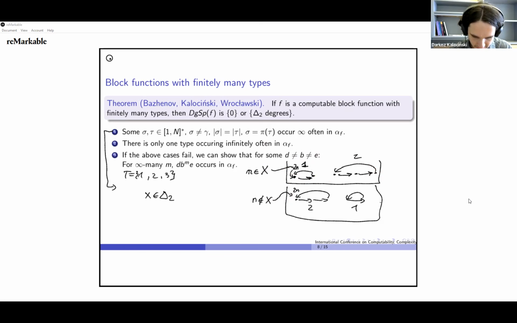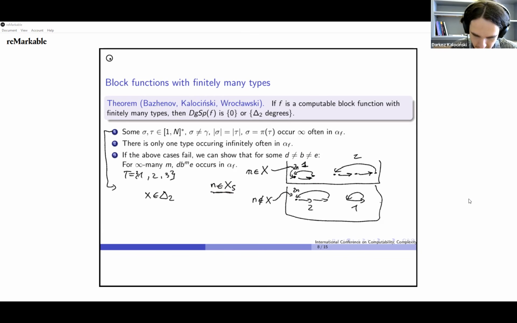So basically, this is a variation of the previous argument. We are working recursively, looking at an approximation, and whenever we find a change in the approximation, then suppose that n is withdrawn from the set.